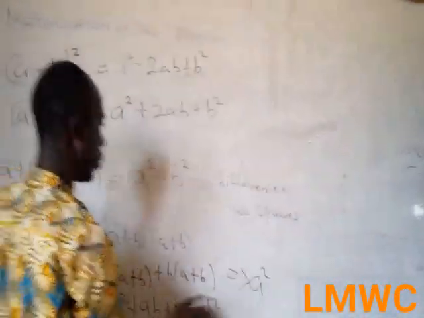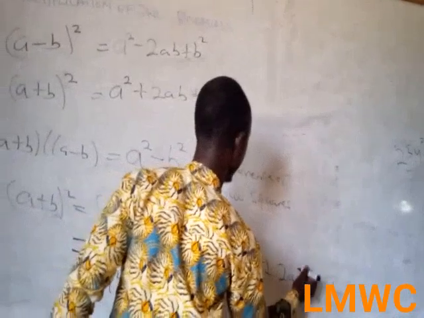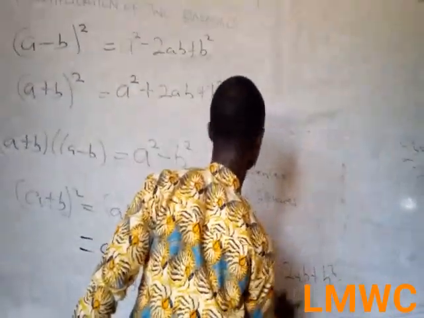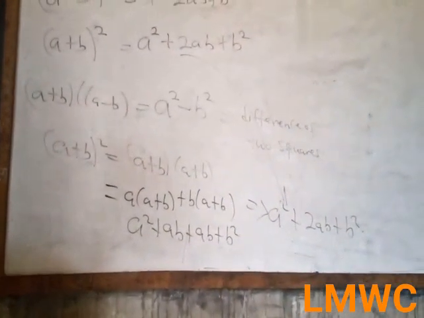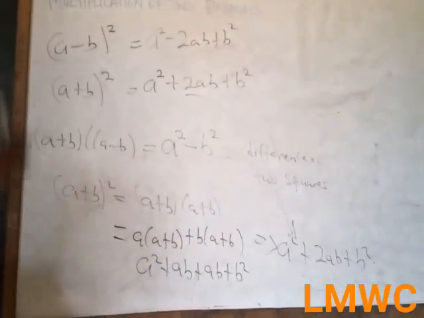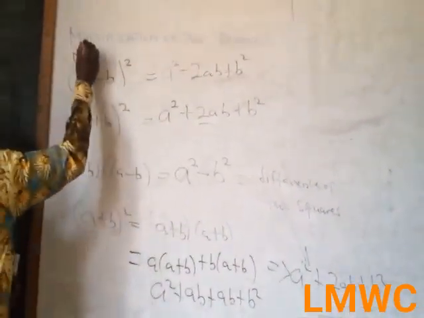So you have a squared, and these two you can add, plus 2ab, plus b squared. You see, we are getting this. So it's not difficult. So always know this under multiplication of two binomials, and you should note it carefully.